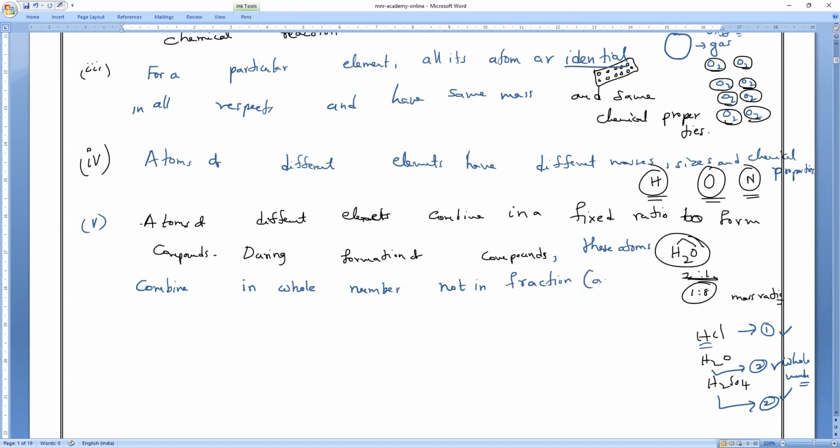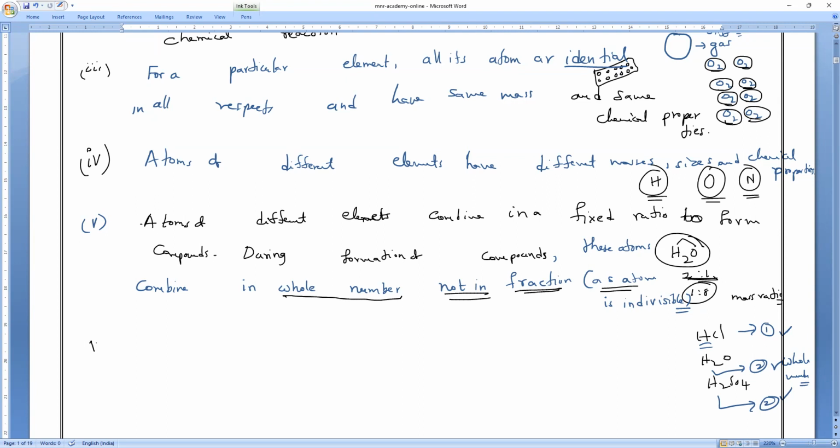Please respond. Atoms are divisible or indivisible? Everybody. Atoms are indivisible. That is why they will always combine in only whole numbers. No fractions, no decimals. That is what you have to remember.